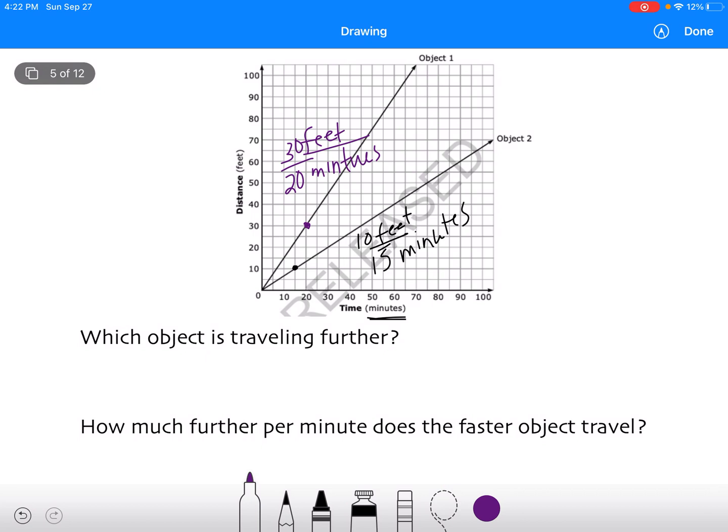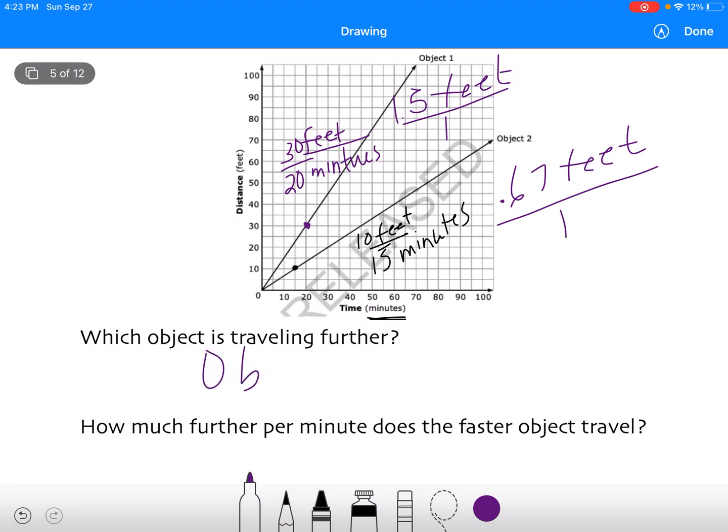So I want to figure out which object is traveling further. Okay, so I'm going to divide 30 by 20. And I get 1.5 feet in a minute. And then I'm going to do 10 divided by 15. And I get 0.67 feet in 1 minute. So I know that object 1 is traveling further. How much further per minute does object 1 travel?